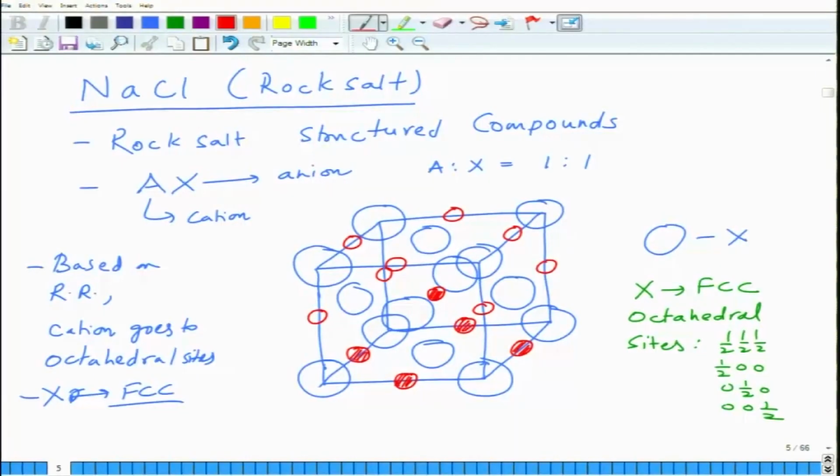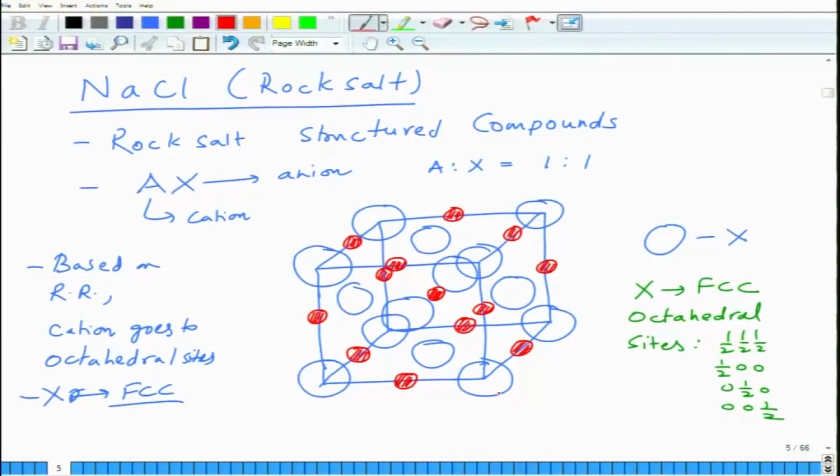So, you have now 12 of these sodium atoms sitting at 12 edges, and since each edge is shared by 4 neighbors, as a result, you will have 3 effective atoms of sodium sitting at the octahedral sites plus 1 at the center. So, this will make a sodium chloride structure, rock salt.